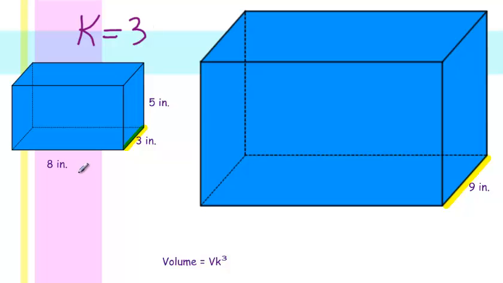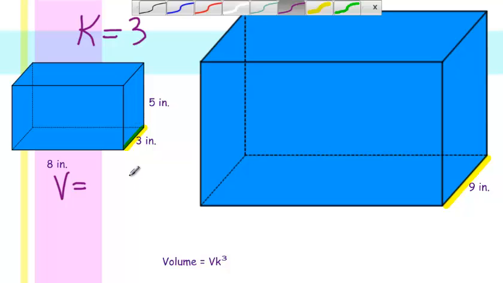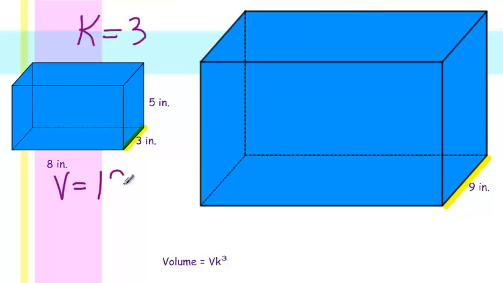Now I am going to find the original volume here, and for a rectangular solid you multiply the area of the base, which is length times width, and you multiply that by the height. So I need 8 times 3 times 5. So the volume is 120 cubic inches.